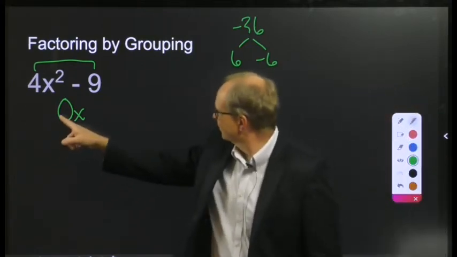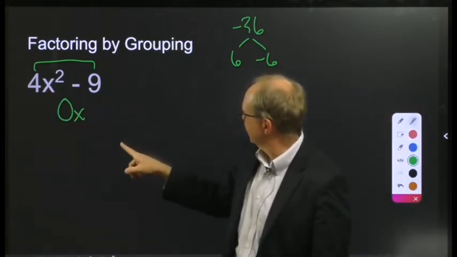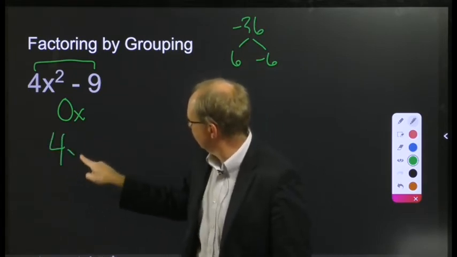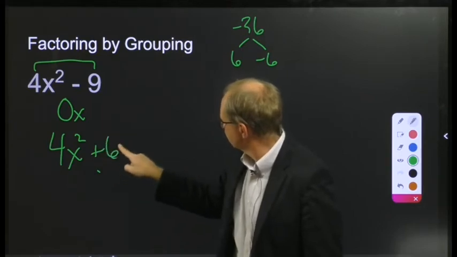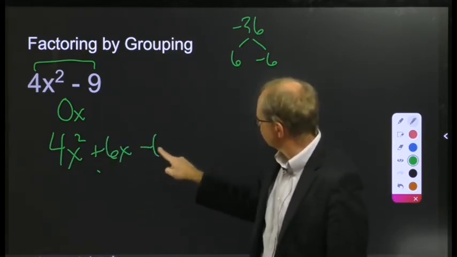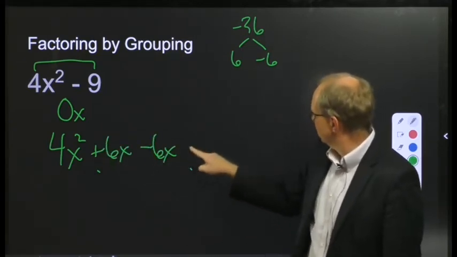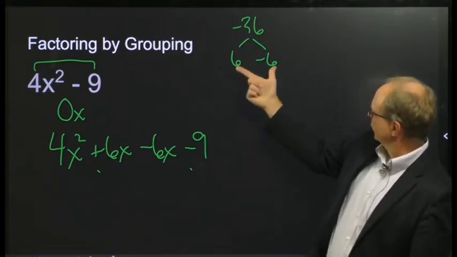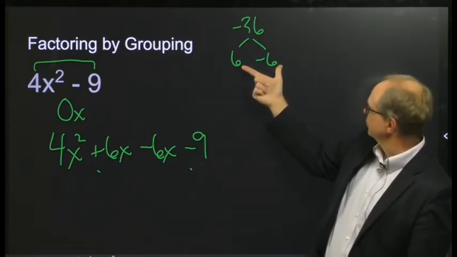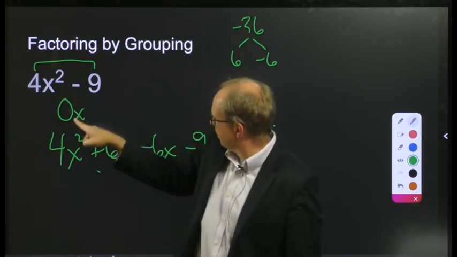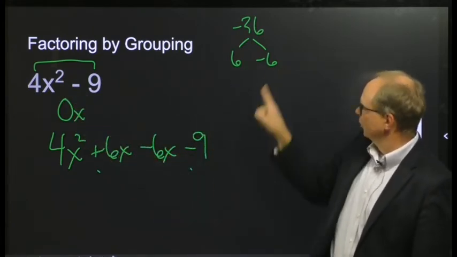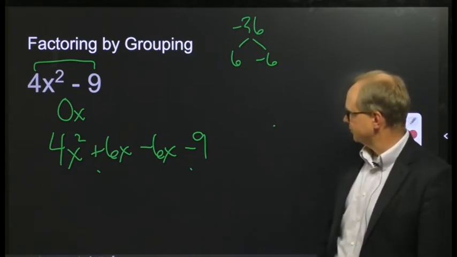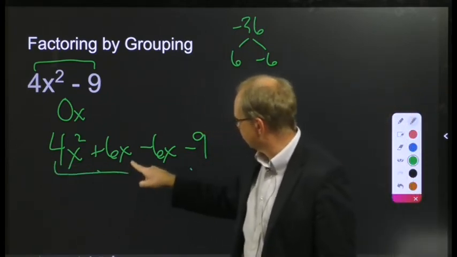So if we're going to factor this, we have to rewrite it as 4x squared plus 6x minus 6x minus 9. We're using these factors to break up the middle term using those coefficients.